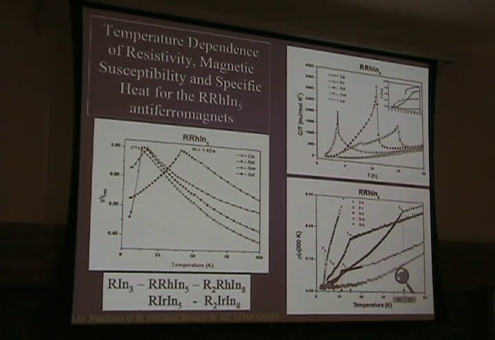Now I have neodymium, samarium, and gadolinium. So these three order antiferromagnetically. So you can see here the specific heat, the resistivity, and the magnetic susceptibility all showing antiferromagnetic order for neodymium, samarium, and gadolinium for both 115 and 218s, rhodium and iridium.